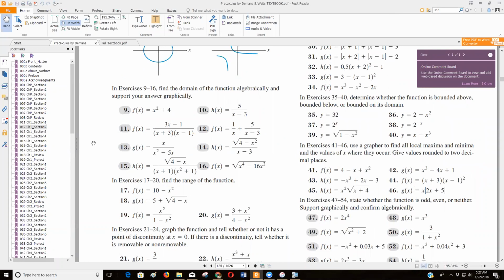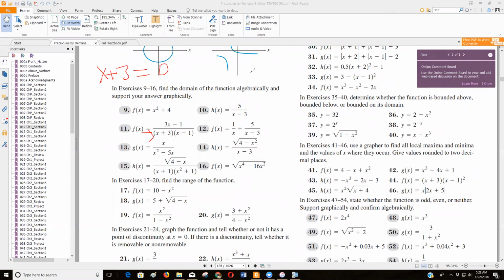So I know I can't divide by 0, right? So if I look at this question, I look at the denominator, and I know x plus 3 can't equal 0.